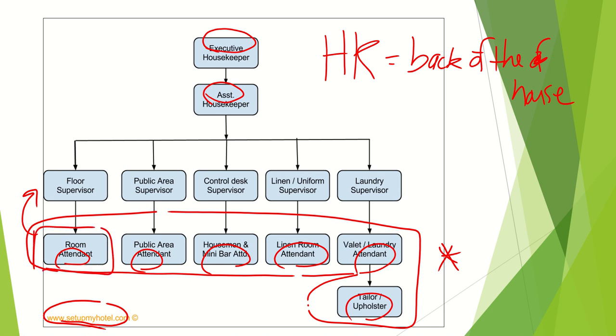Room attendant, right? Because when guest is in guest room, attendant enter the room to clean, to vacuum, to dust, to provide cleanliness to guests. So for this department, room attendant, they have a chance to meet guests.